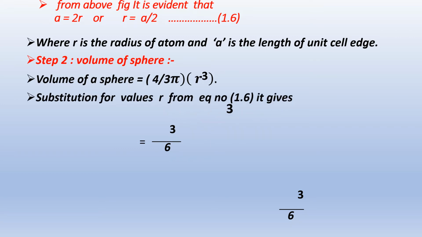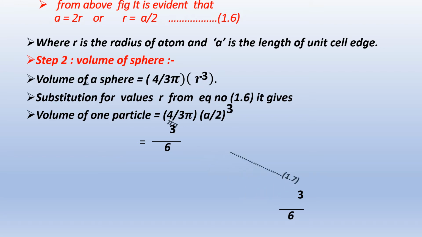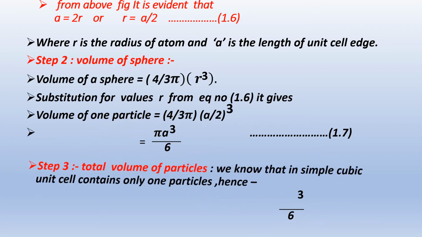Now we substitute the value of r from the above equation, then it gives the volume of one particle equal to 4 by 3 pi into A by 2 whole cube, which is pi A cube upon 6.